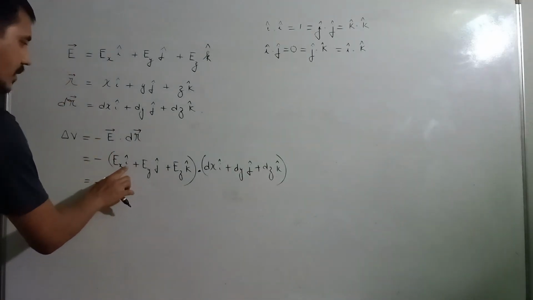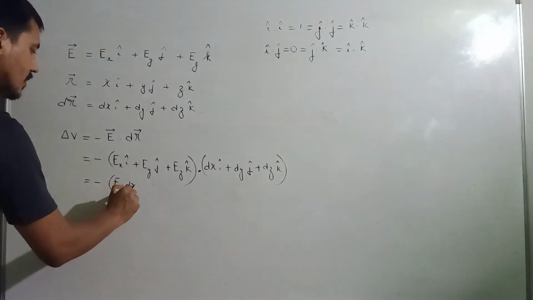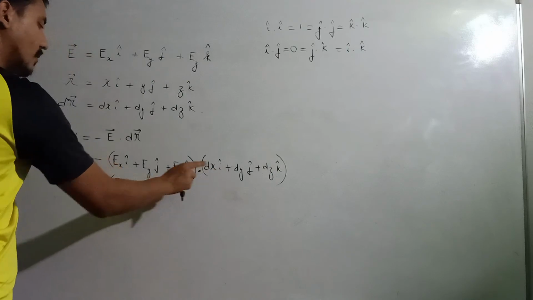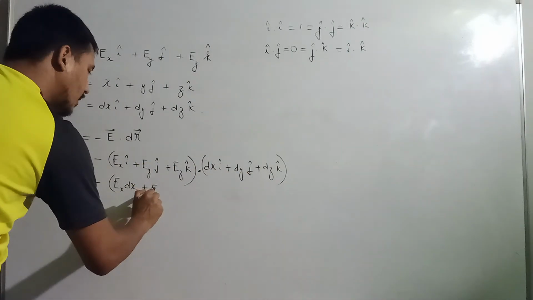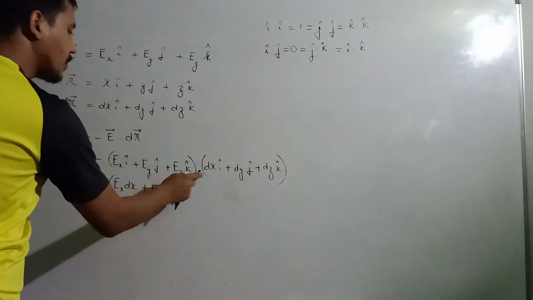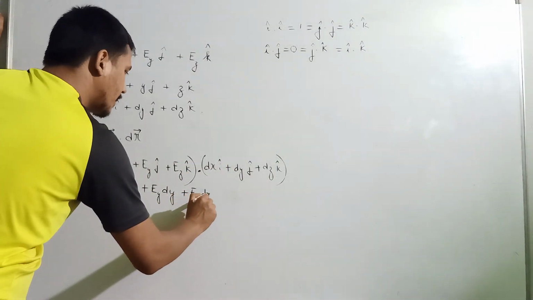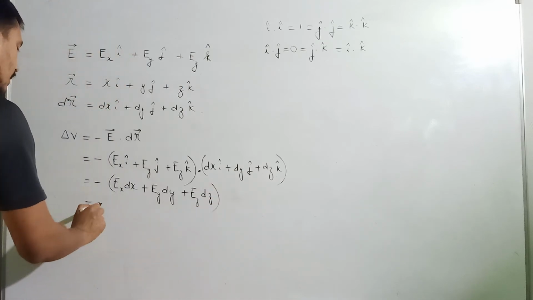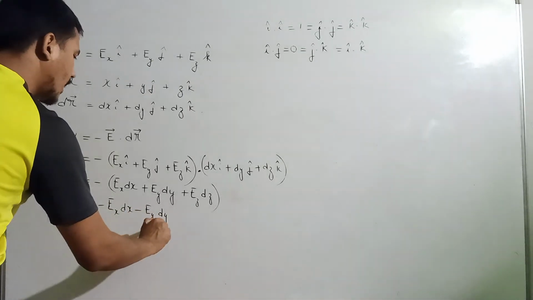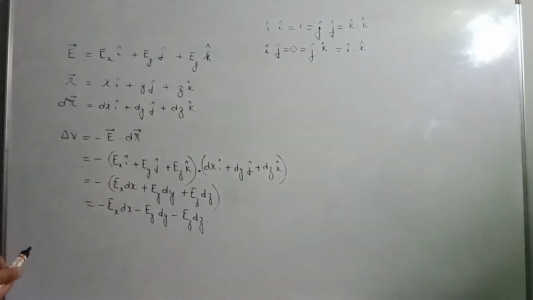So minus, since i dot i is 1, we have Ex times dx. i dot j is 0, i dot k is 0. j dot i will be 0, j dot j is 1, so Ey times dy. j dot k will be 0. k dot i is 0, k dot j is 0, k dot k is 1, so plus Ez dz. So we have minus Ex dx minus Ey dy minus Ez dz.